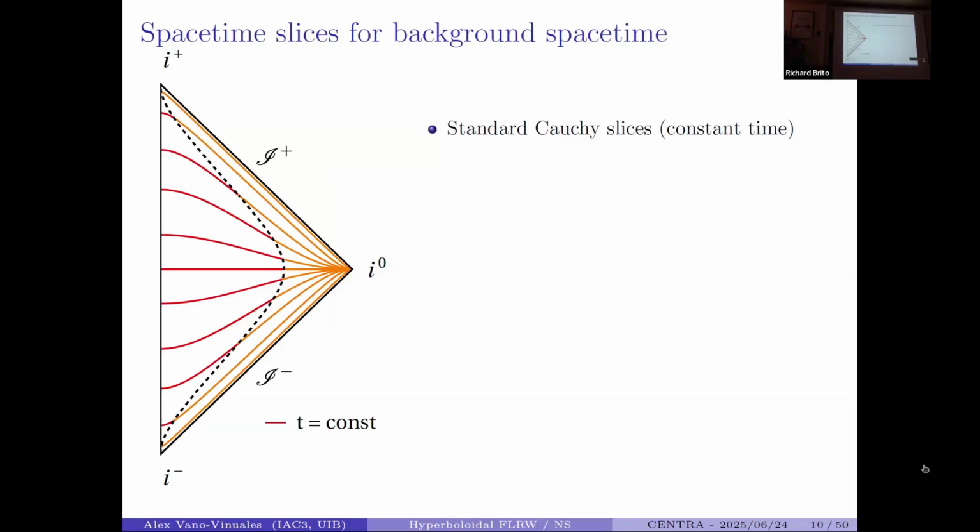And in order to give initial data, you need to choose some slice of your spacetime, in this case, the light cone, which I'm plotting here on the left. If you think about the usual time equals constant slices, you would obtain standard Cauchy slices, which are these solid lines here. Now, given that we have finite resources, we cannot evolve all the way to spacelike infinity, so normally what people do is truncate along this dashed line and keep what's inside.